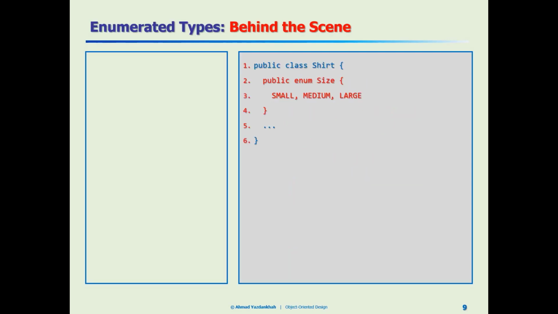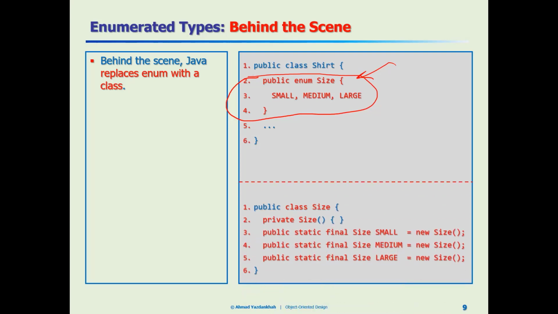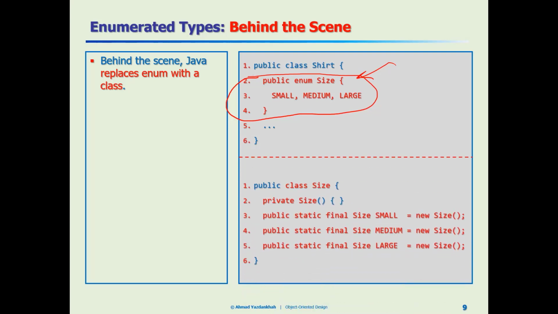The fact is that when we create an enum inside a class like this, behind the scenes, Java creates a class for that. So it means that Java replaces this portion of the code with a class like this. So you see, public class, public enum Size, and for the small, medium, large, we will have three instantiations.